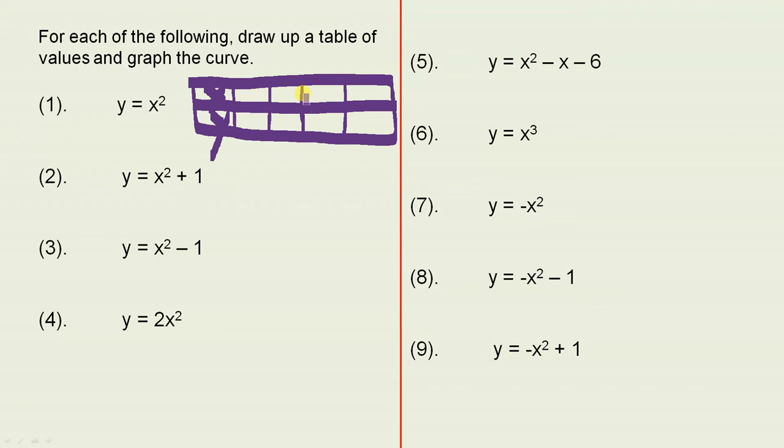So we write some x values here. We can make our own x values, and then we write some y values there. We can work the y values out. So once we have the x values, we can work out the y values, and then we plot the points on the number plane, and then we sketch the curve.